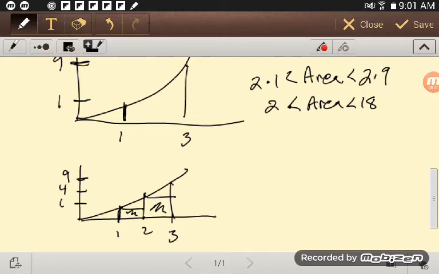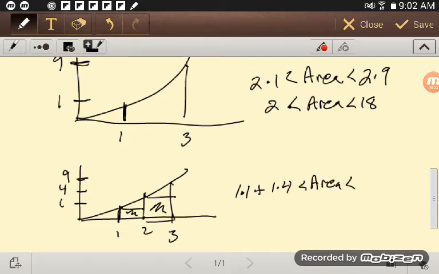And so in this case, the width is 1, the height is 1, so I get my 1 times 1 plus, and then here I get a width of 1 but a height of 4, so 1 times 4, and that's less than the area.